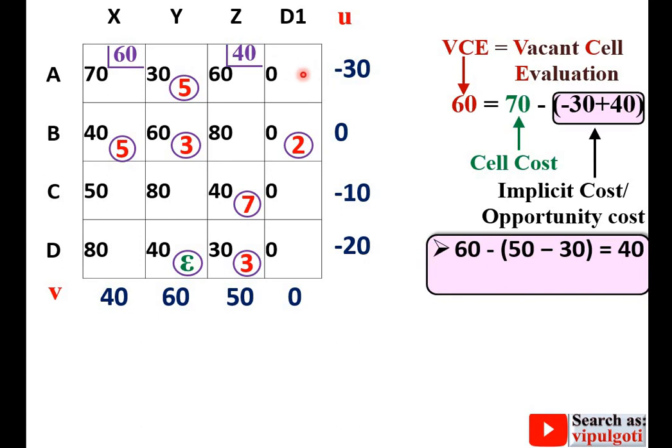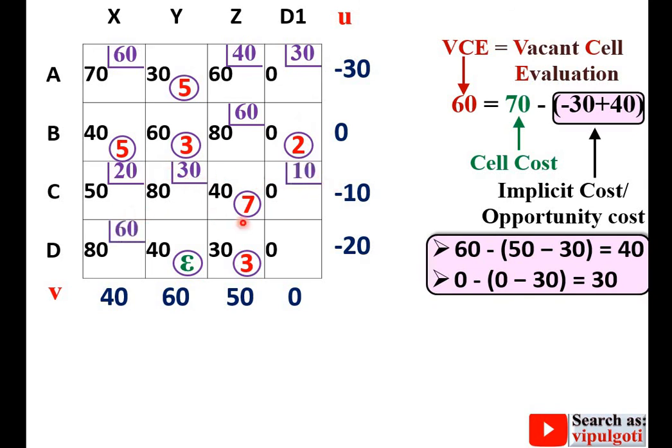Next, if I want to find over here, then it will be 0 minus the sum of U and V, and so it will be 30. In a similar fashion, I can find the remaining values of VCE.